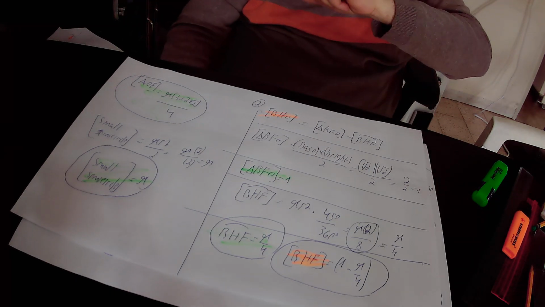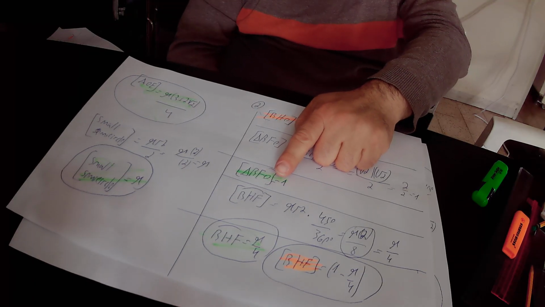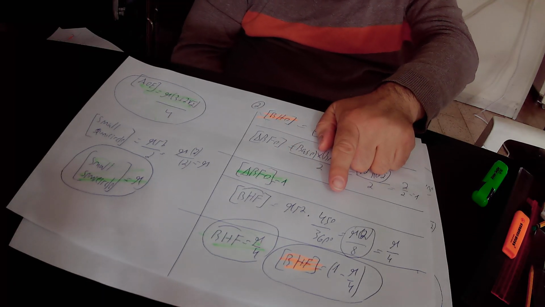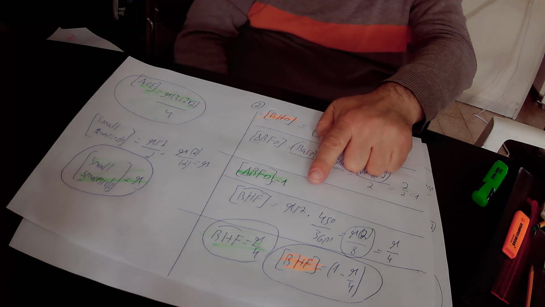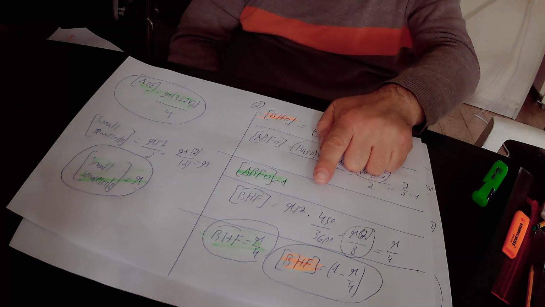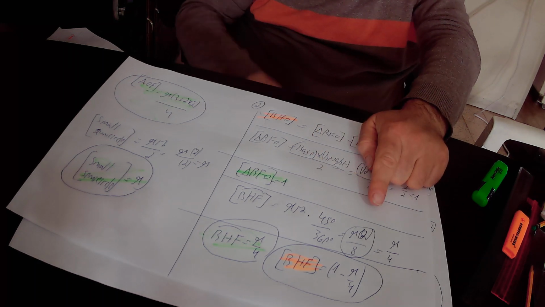So the area of the small sector BHF equals pi r squared times 45 degrees over 360 degrees. Here r is square root of 2, therefore r squared is 2.